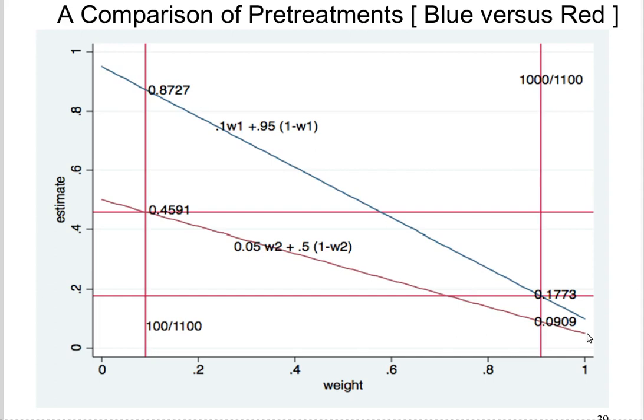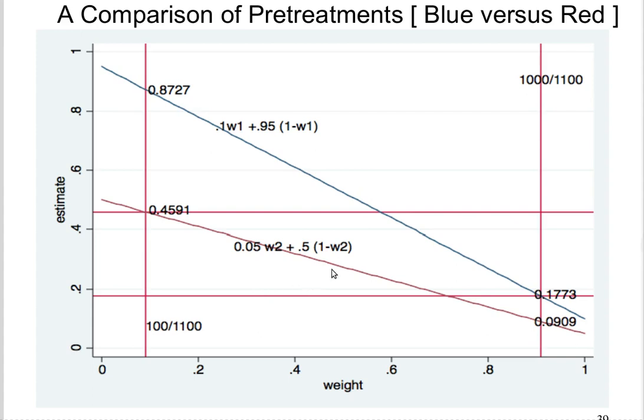So why is pretreatment 2 at least initially thought to be superior? Well, that appears to be largely attributable to the weights. Notice that we're comparing this point on the red line with this point on the blue line. On the other hand, the blue line is always above the red line.